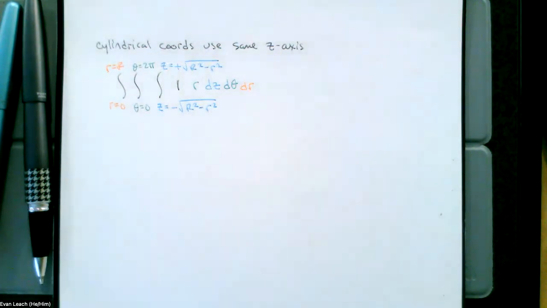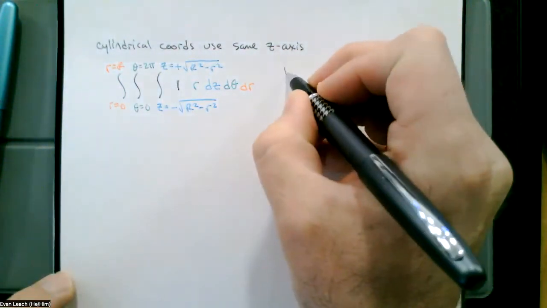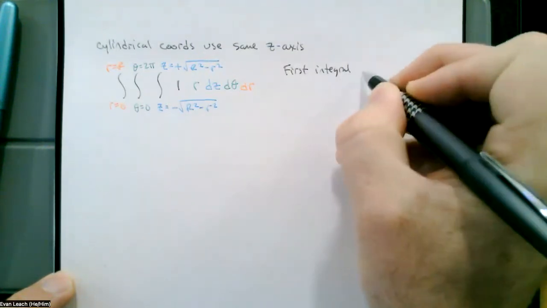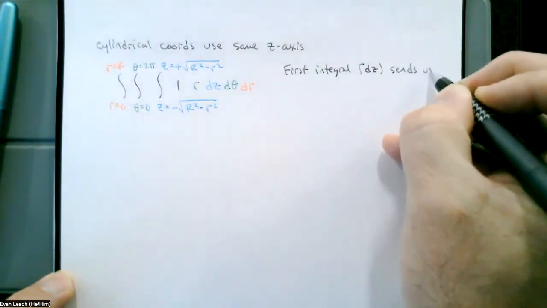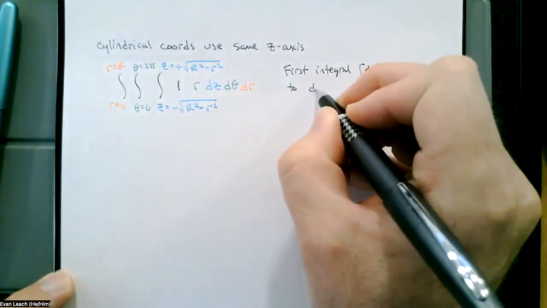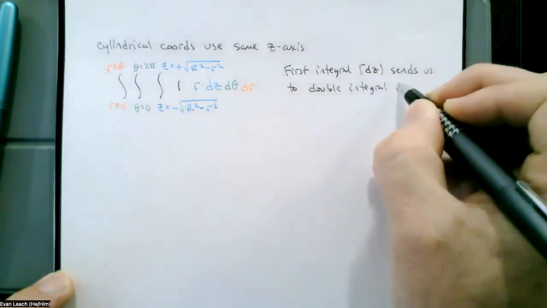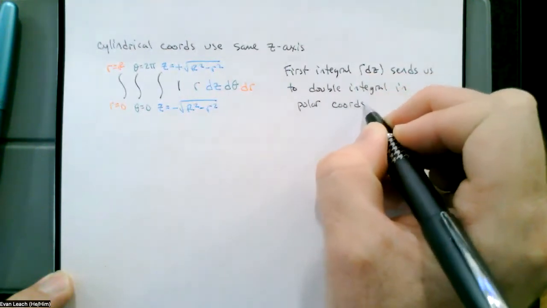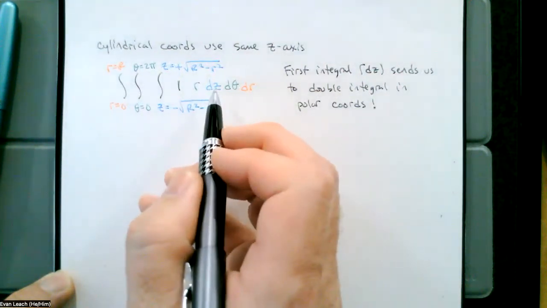Once again, our first integral, the dz, will just send us to the double integral in polar coordinates. The integral of 1 times r dz.